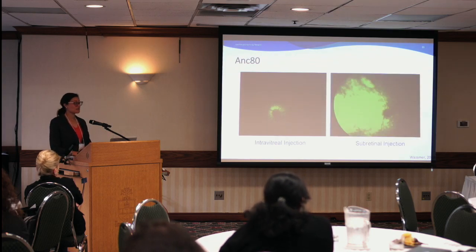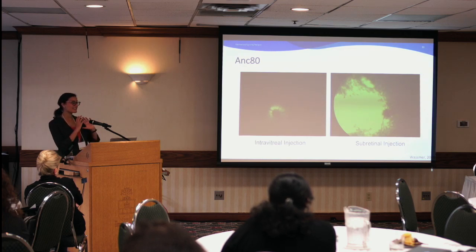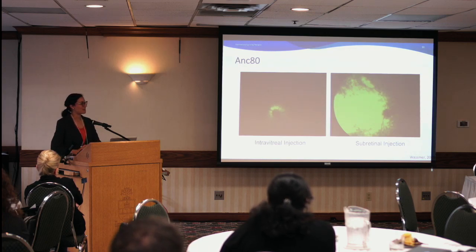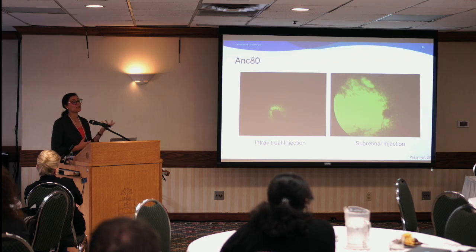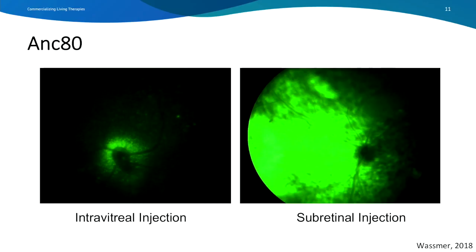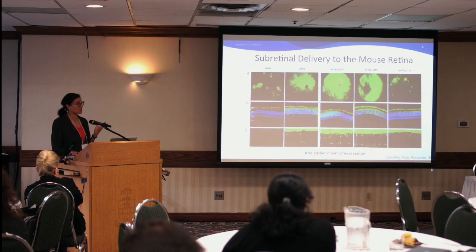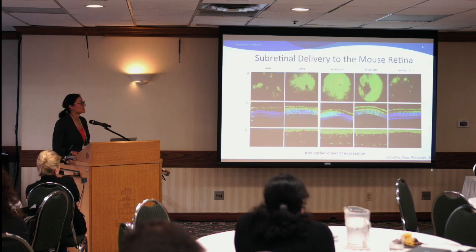So we did a subretinal injection, and we saw right away, this is a fundus image. We basically hold the camera up to the eye of the mouse, and we look at the fluorescence. Again, our transgene here is GFP, and we saw robust expression of our transgene, and we're very interested to see what that looked like in our retinal sections. So we compared it to AAV2, AAV8, and then the different variants of ANK80.